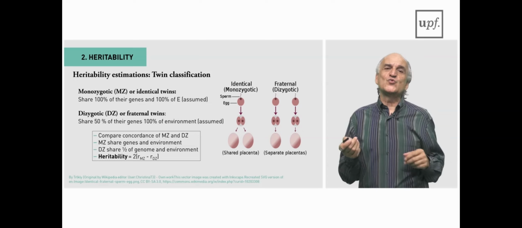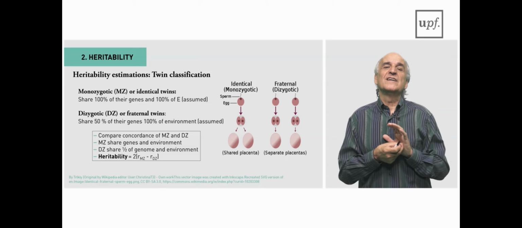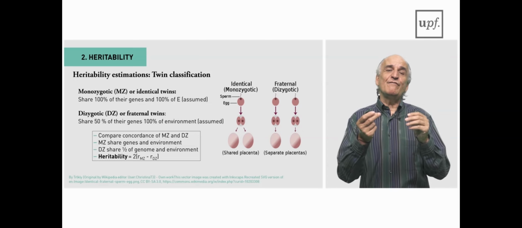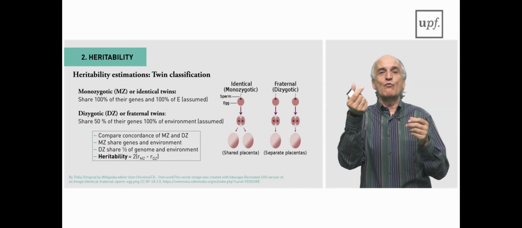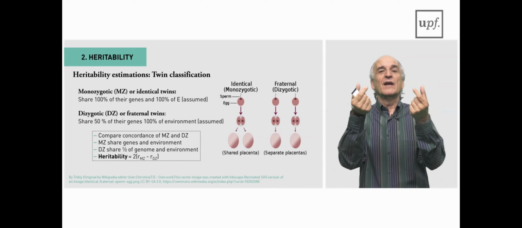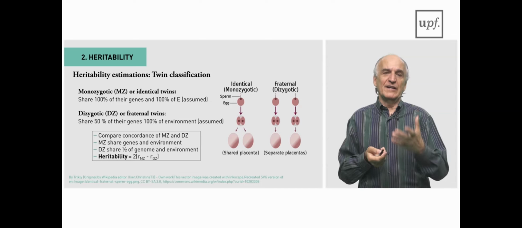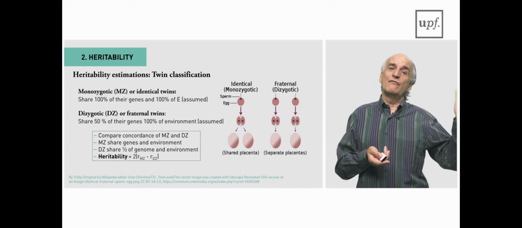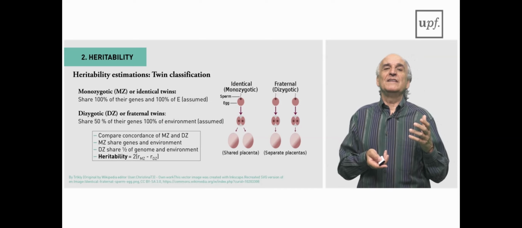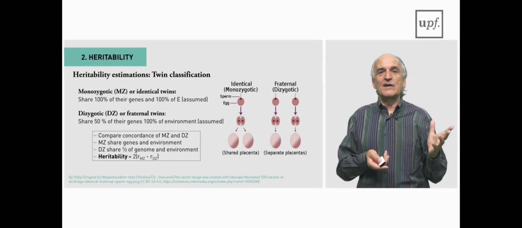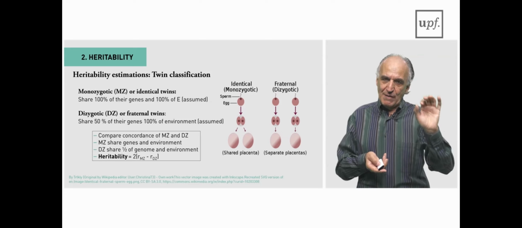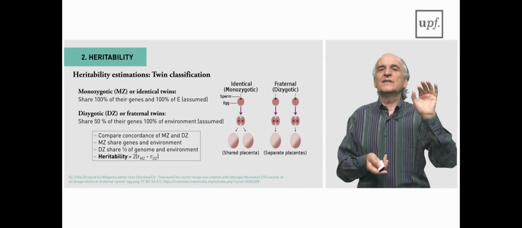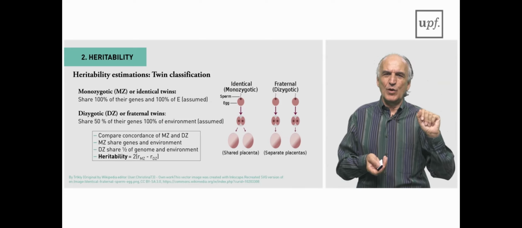And this allows us to calculate the heritability through the difference in resemblance of one pair in relation to the other. In this way, heritability will be from 0 to 1 depending on the trait in general, and also remember it depends on the population in which it is calculated.